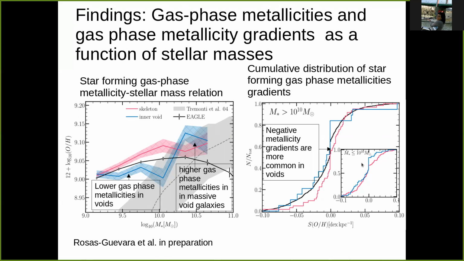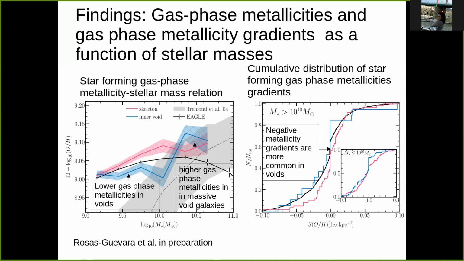Metallicity gradients are associated to the distribution of the metals. If the metallicity gradient is negative, it means that the central abundance of the galaxy is higher in comparison with the outskirts of the galaxies. And if they are positive, we have the opposite effect: the central abundance is smaller in comparison with the outskirts.